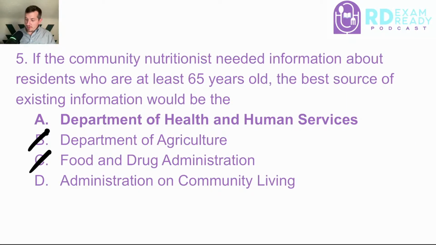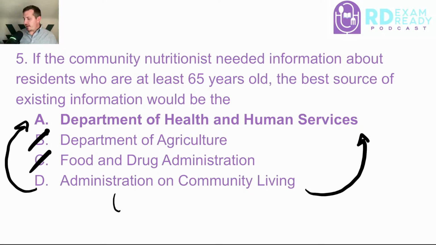So here's the first thing: the administration on community living is underneath the Department of Health and Human Services, DHHS. So they're not necessarily separate things that are being included, right?